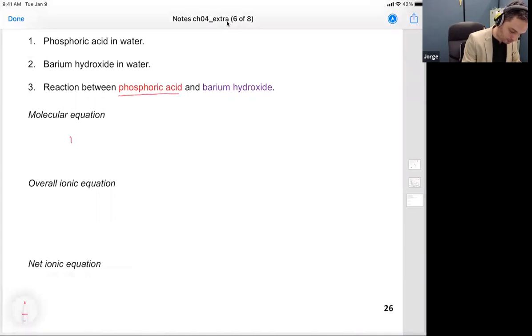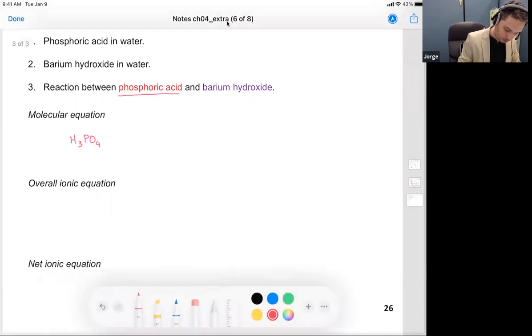Now let's react phosphoric acid. We know that phosphoric acid is H3PO4 with barium hydroxide, which we know is Ba(OH)2.